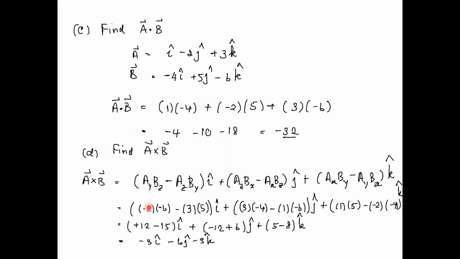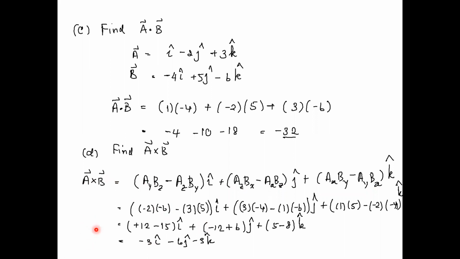Now the cross product, a little bit longer. For A cross B, you can use the formula that was given: (AY BZ minus AZ BY) i plus (AZ BX minus AX BZ) j plus (AX BY minus AY BX) k. Substitute the numbers in and work it out.